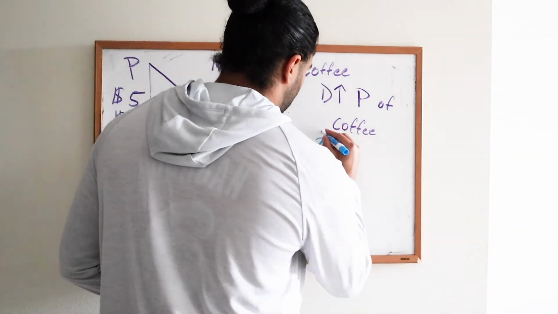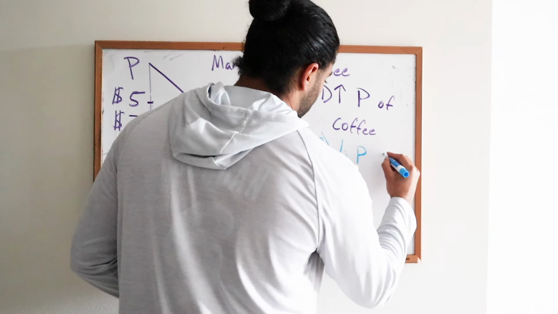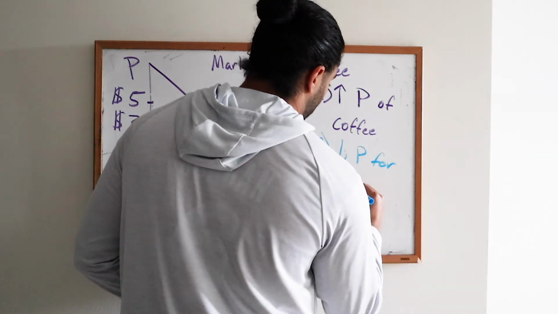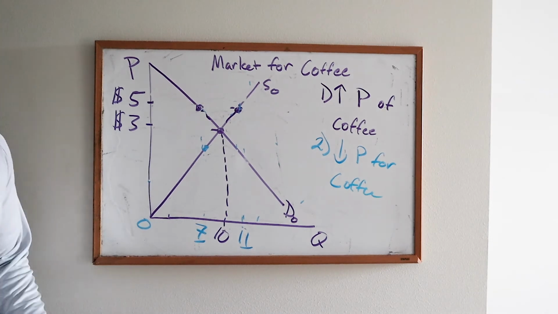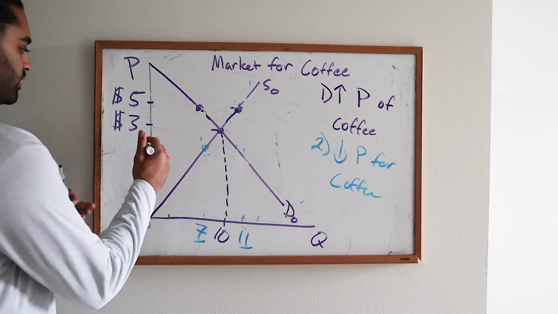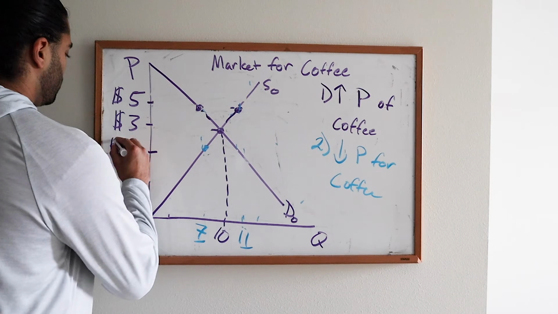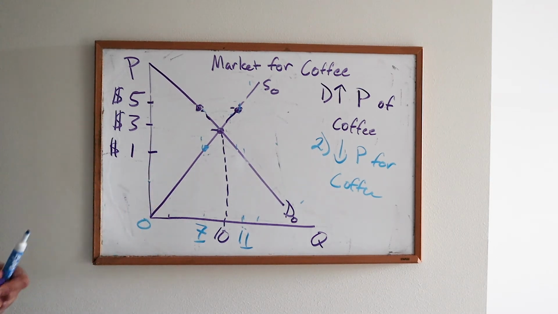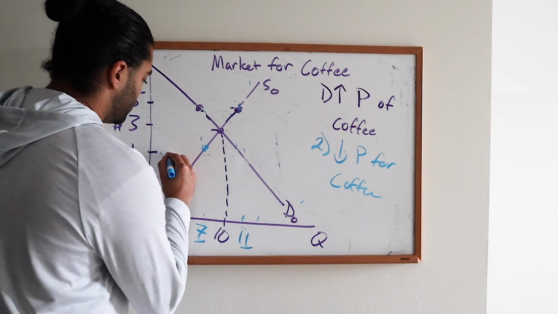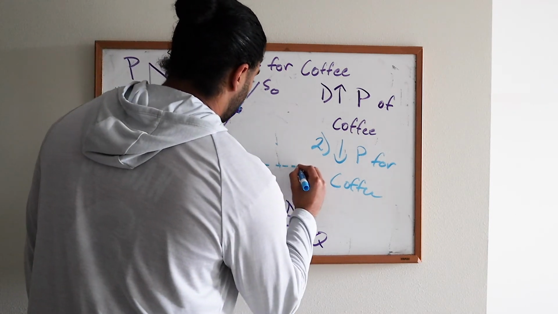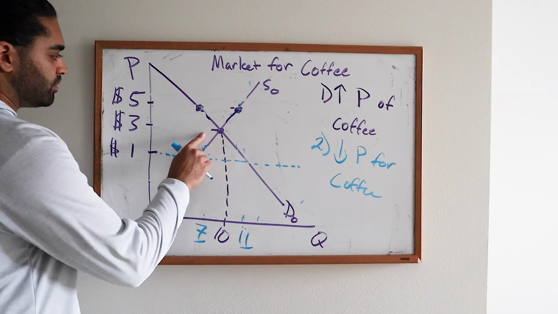So there's a decrease in the price for coffee. Now the price went from $3 to, let's just say, $1. Now at $1, there's a new price associated with it, so there's a new quantity demanded and quantity supplied.